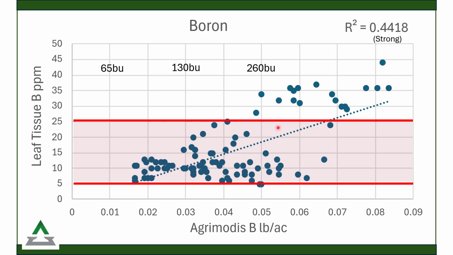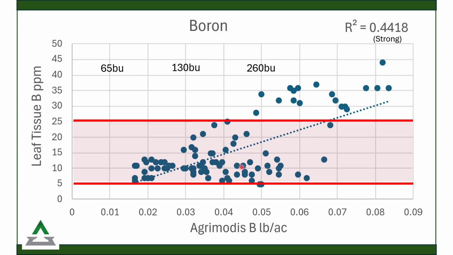So you've got all these spread out all over the place. If you're just going on leaf tissue concentration, the danger is that moving up doesn't help you. We think if we have 5 part per million, we're low, and if we have 25, we're high, but all the 5 and 25 on this grid line are associated with that 200-ish bushel corn range. So you don't really know where you are.